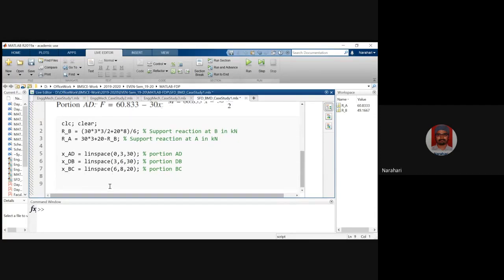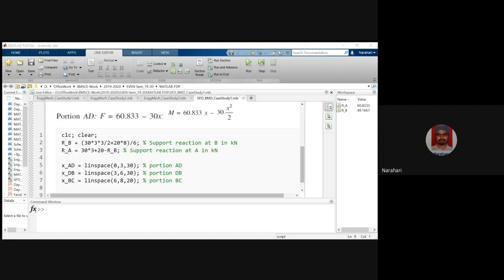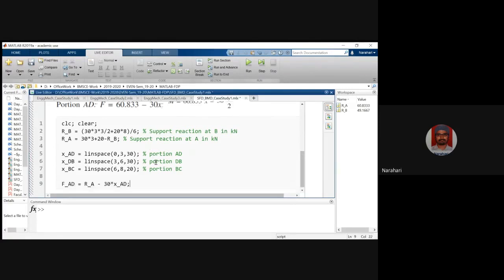Now, based on these expressions, I'll try to code it here. Very simple. Instead of writing 60.833, I am writing RA, which is automatically 60.833, minus 30 into X times AD. That is the force equation.